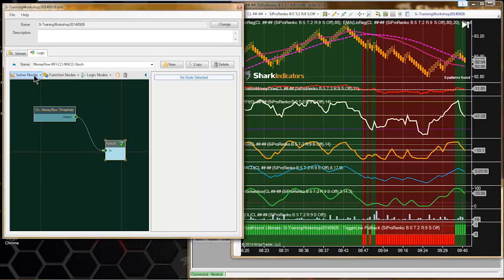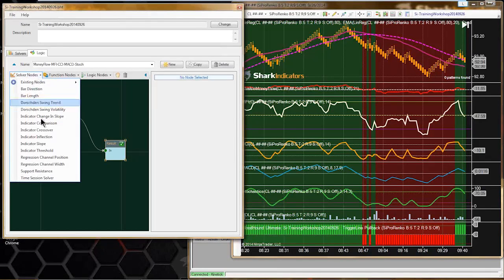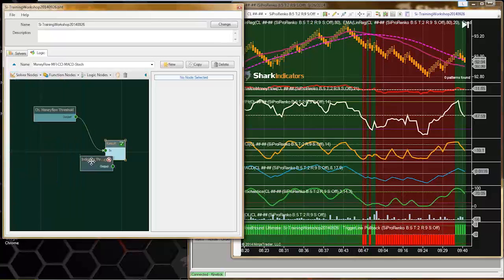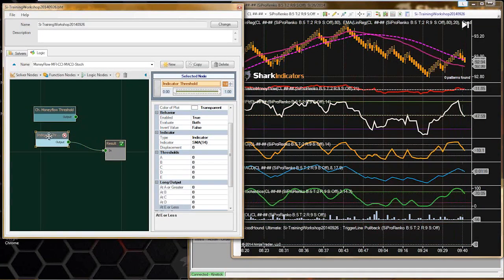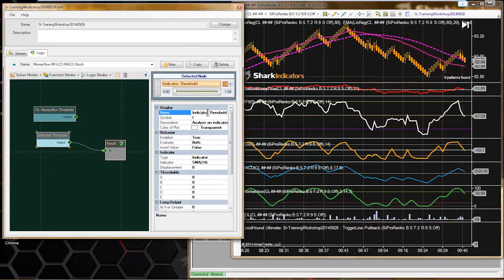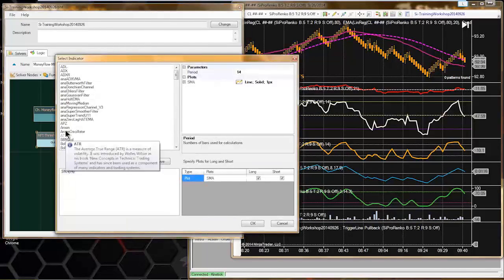And so once again, we're just going to use the threshold because we're looking to see if the indicator is above or below the 50 threshold. So let's set this up. And let me name this. So this is going to be the MFI. And I'll change the indicator over to the MFI.